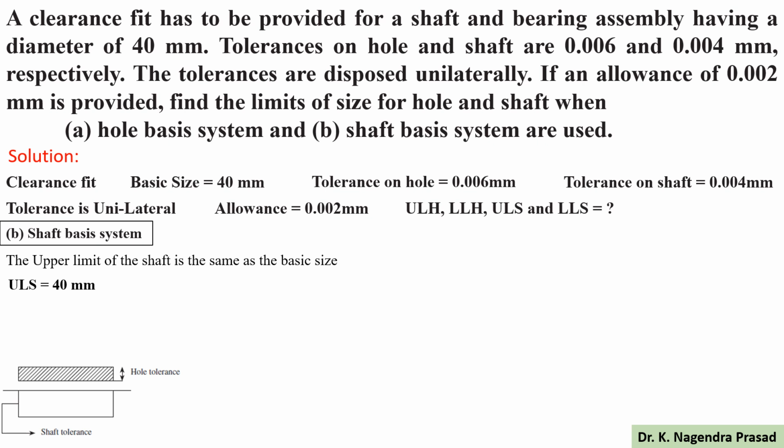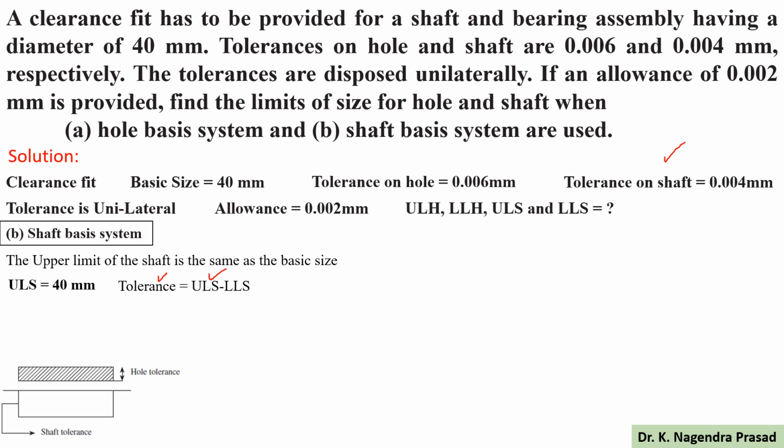Then we determine the lower limit of the shaft. For this one I have to use the tolerance on the shaft. We know that tolerance on the shaft equals upper limit of the shaft minus lower limit of the shaft. We know the tolerance on the shaft and also the upper limit of the shaft.